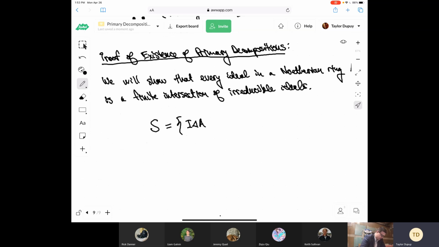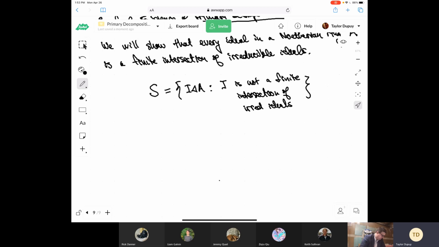Let S be the set of ideals I that are not a finite intersection of irreducible ideals. So this is going to have a maximal element by Zorn's lemma.